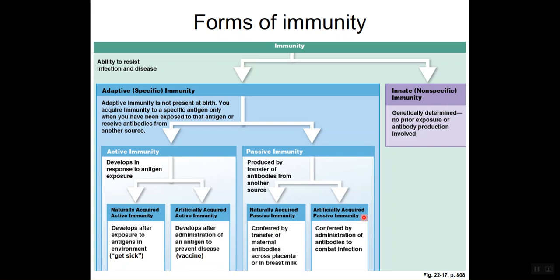And then artificially acquired passive would be just basically an antibody shot. So what if you didn't, for example, ever get a vaccine against rabies, but you get bit by a rabid animal? It's kind of too late right now to get a vaccine and build your own immunity.